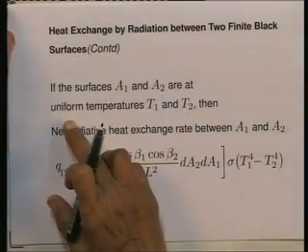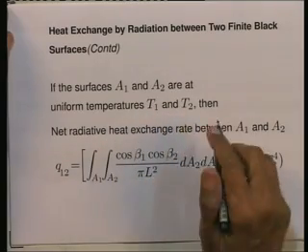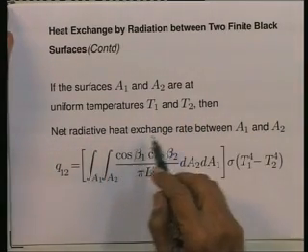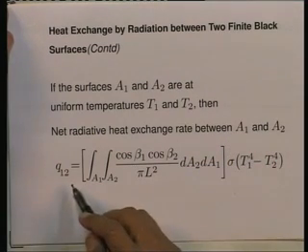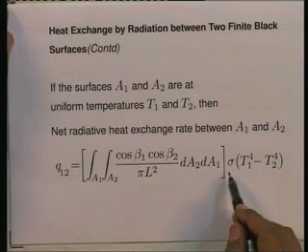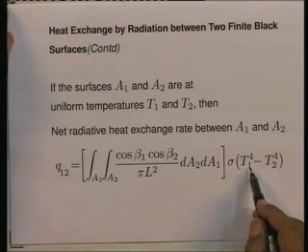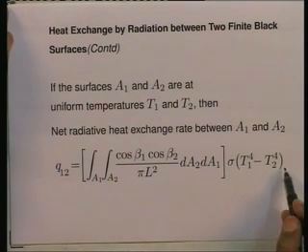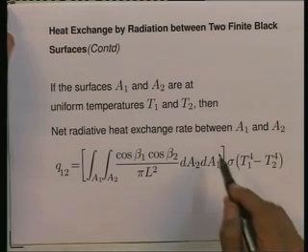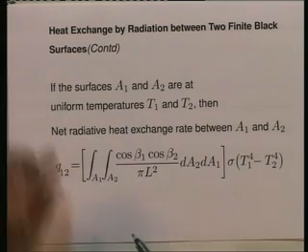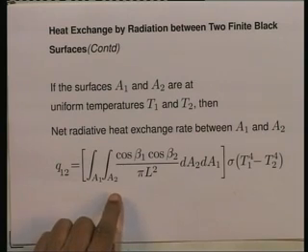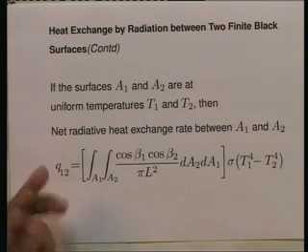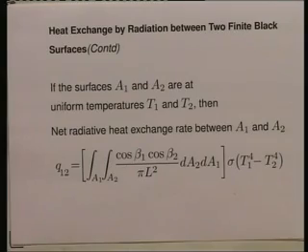I will get, as is written here, if the surfaces A1 and A2 are at uniform temperatures T1 and T2, then the net radiative heat exchange rate between A1 and A2, Q1 to 2, becomes the following. I have just taken sigma and T1 to the power of 4 minus T2 to the power of 4 outside the integrals, because they are constants, and the quantity within square bracket is the integral which I will have to perform first over the area A2 and then over A1, or vice versa, it does not matter.